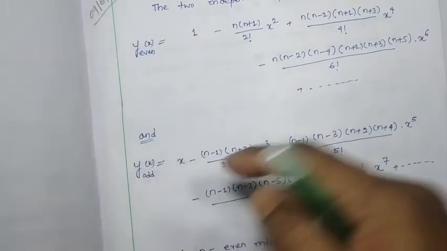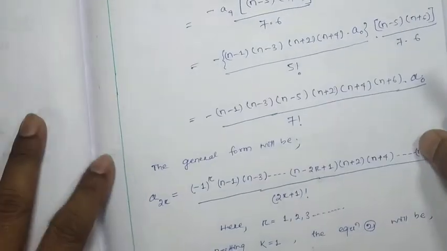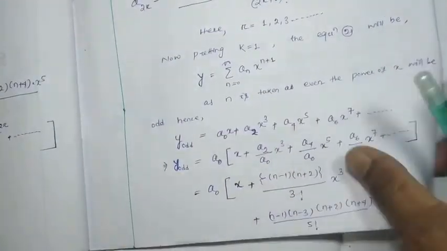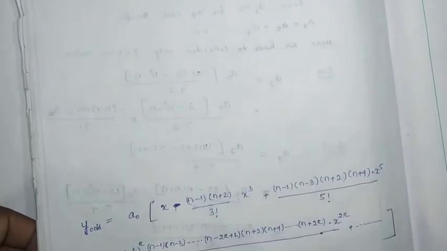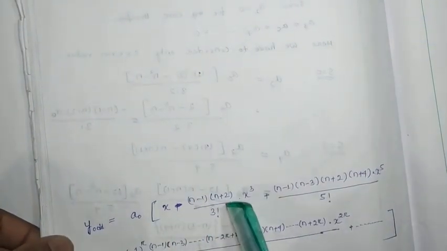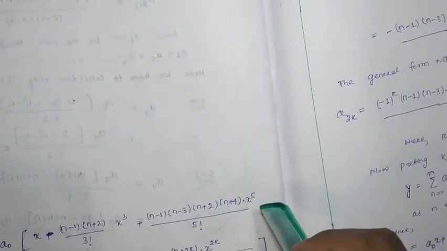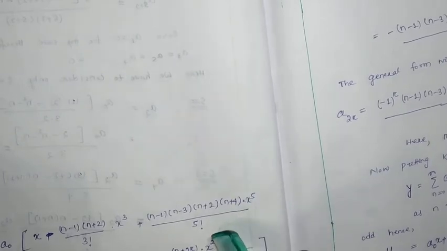Likewise y odd, how much did we find? You just check your notes, and you can find that y odd we found this one: x minus n minus 1 into n plus 2 by 3 factorial into x cube, plus n minus 1, n minus 3 into n plus 2, n plus 4 into x to the power 5 by 5 factorial.